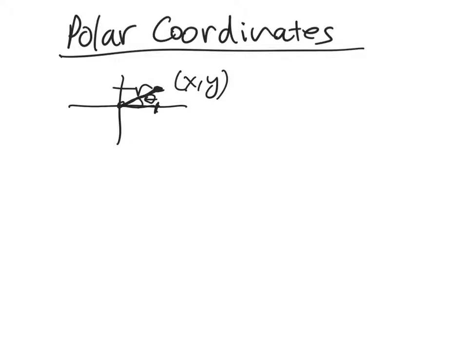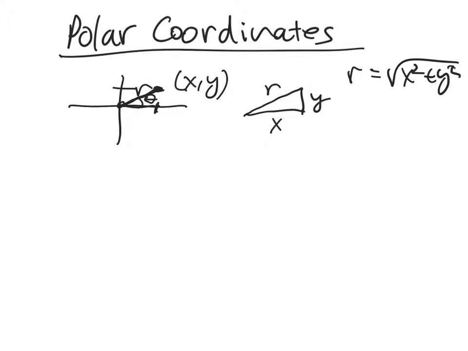So the conversion's not too bad to work with. This is x, this is y. r is simply the hypotenuse. So r would equal square root of x squared plus y squared. And then tangent of theta would be y over x, or theta would equal arctangent of y over x.